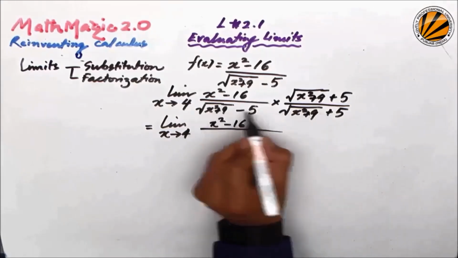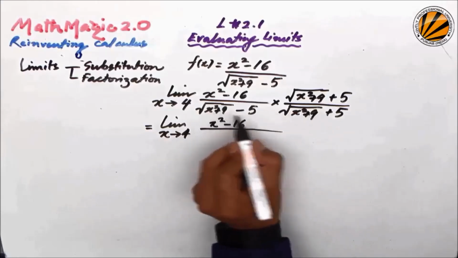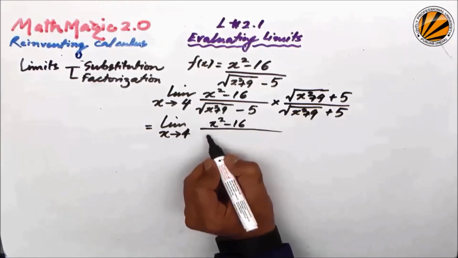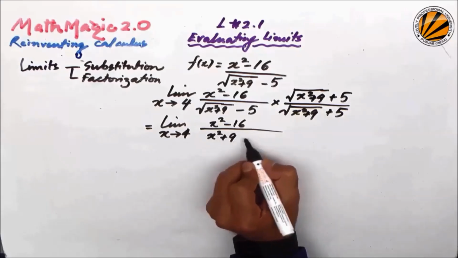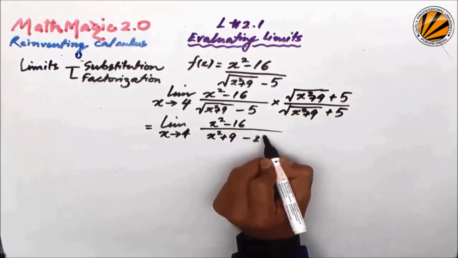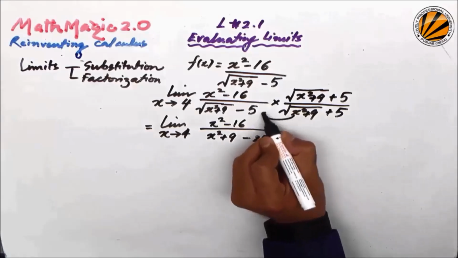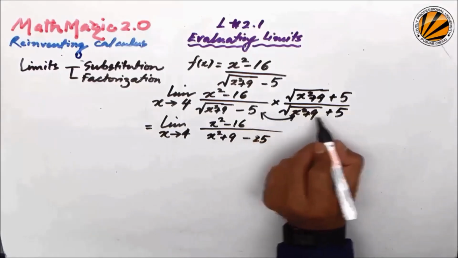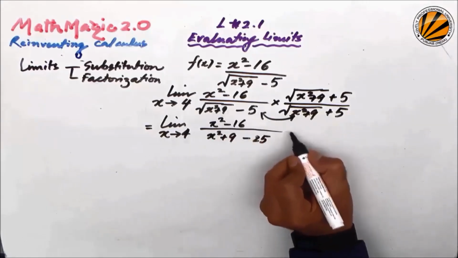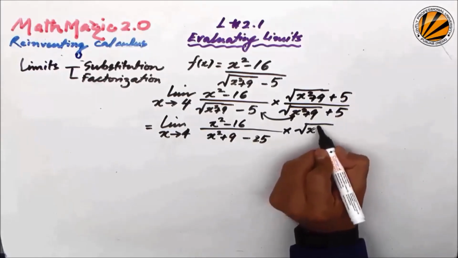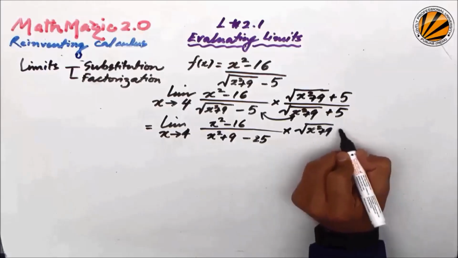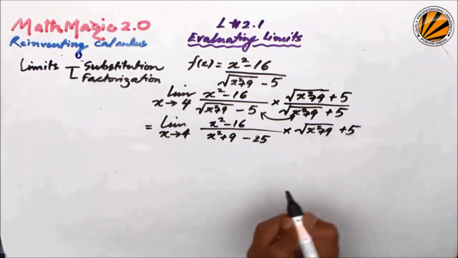When I multiply the two rationalizing factors, the denominator becomes x square plus 9 minus 25, and the numerator still carries the factor root of (x square plus 9) plus 5.